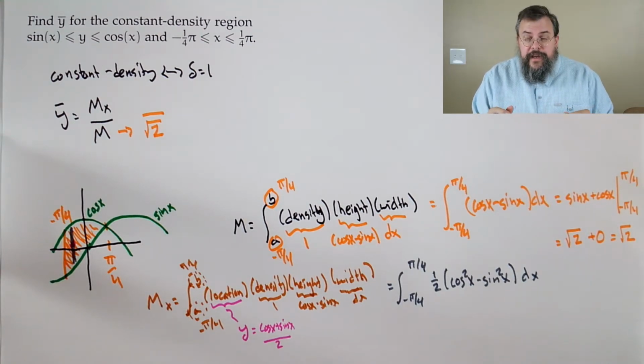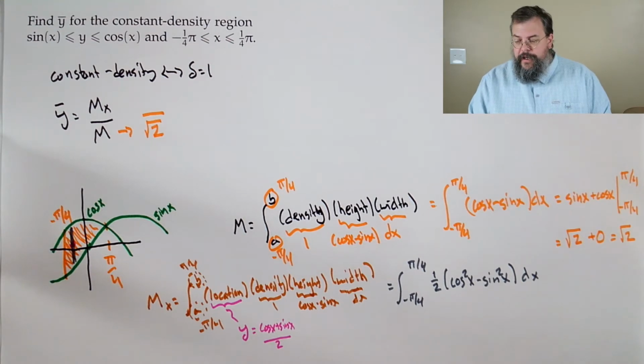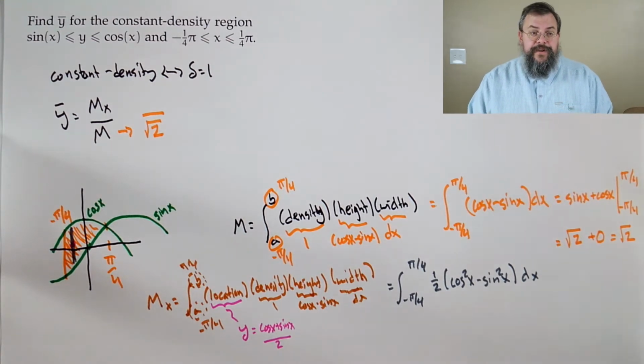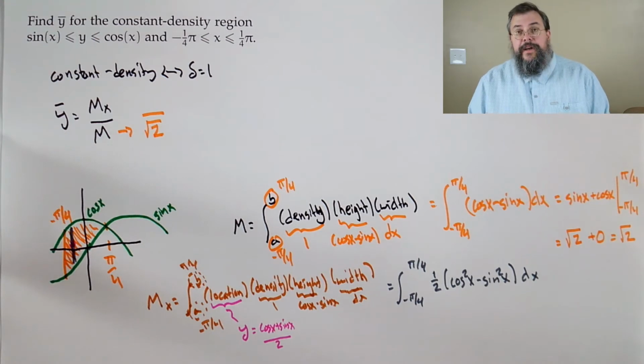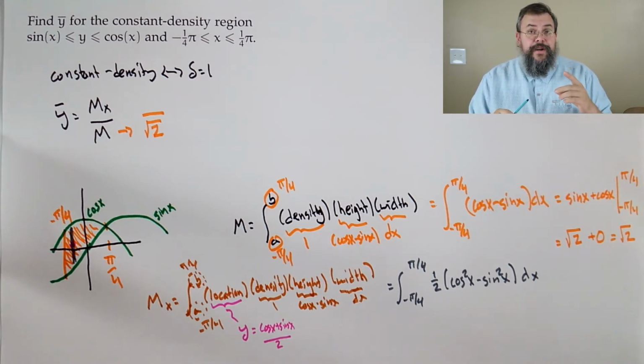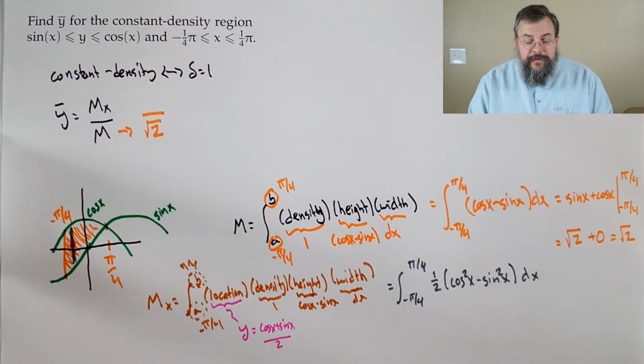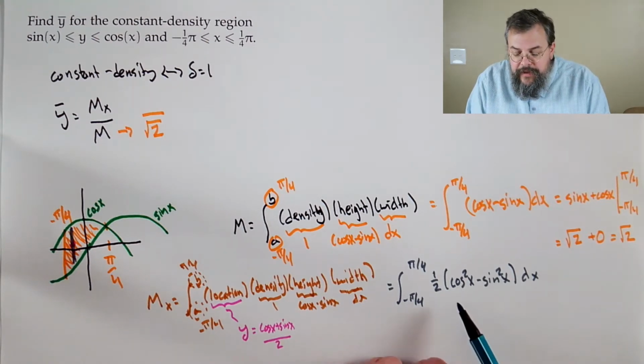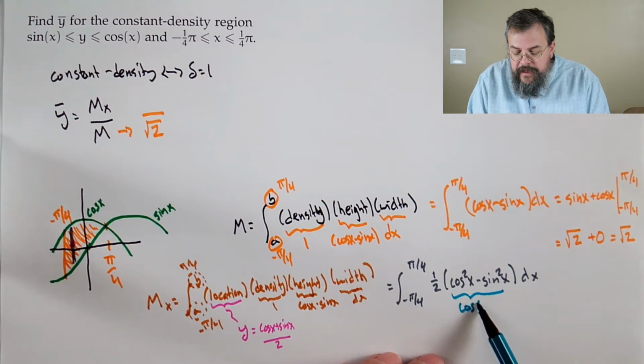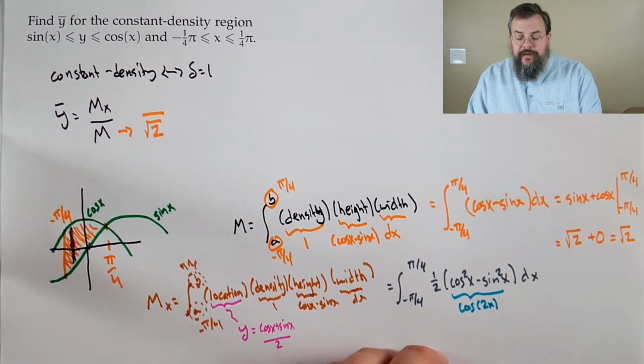Well, we could if we could find a way to integrate cosine squared, or if we could find a way to do integral of sine squared. And we start thinking, cosine squared minus sine squared sounds familiar. Sounds like something we should know. And spoiler alert, it is something we should know. So cosine squared minus sine squared, it's one of our nice identities. Do you remember what it is? If not, it's a good time to learn it. It's cosine of 2x. It's the double angle formula for cosine.